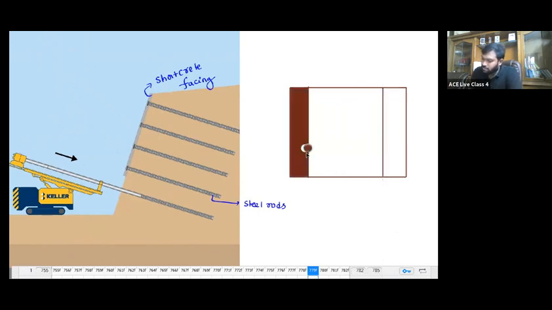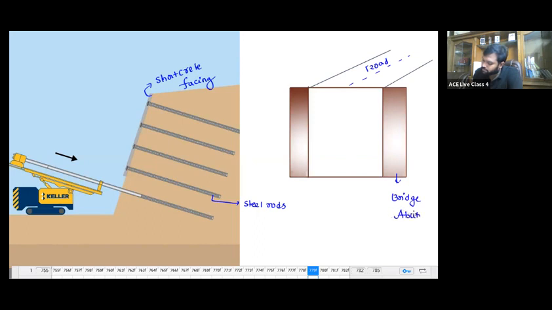So let's say this is a bridge abutment. On the top of it, there is a road or a pavement, and this is nothing but flyover bridge abutments. And in between, what is the soil?